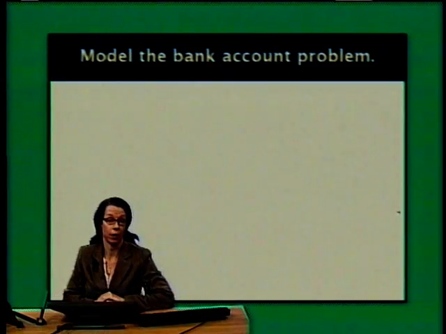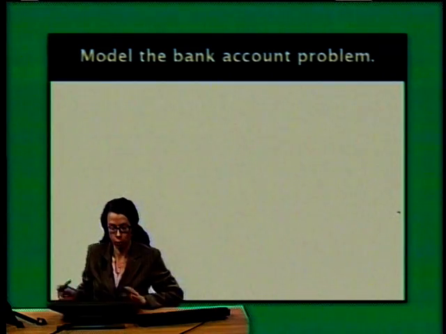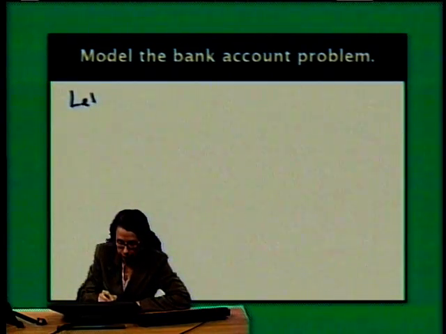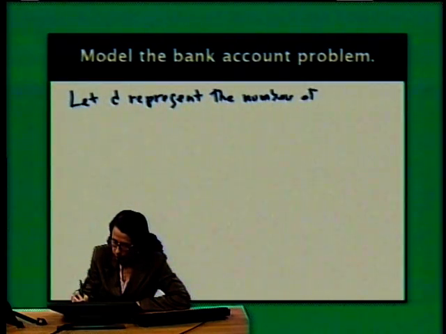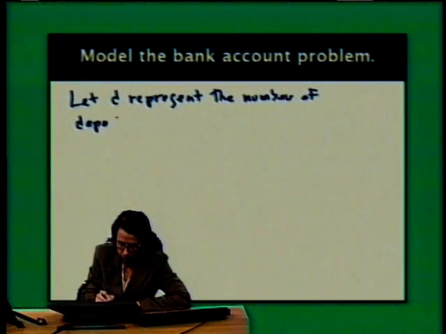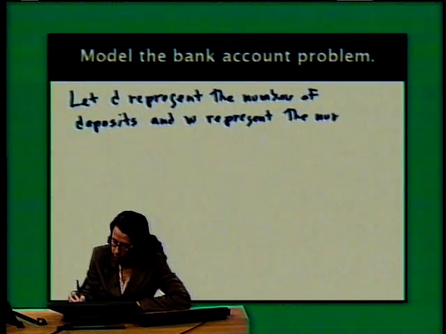So this requires an inequality. Let's start with a model. We've got 2 unknowns here, the number of deposits and the number of withdrawals. So let's define variables for those unknowns. I'm going to let D represent the number of deposits and W represent the number of withdrawals.